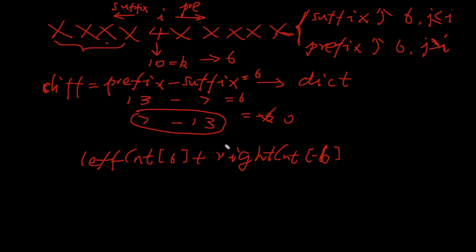Like I said, at the very beginning everything is in the right count, and every time after processing a current number, we can just move this difference from the right to the left, so that while processing each of the numbers, we have both the left count and the right count.